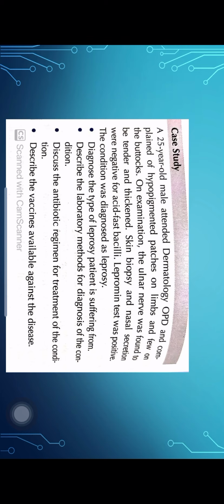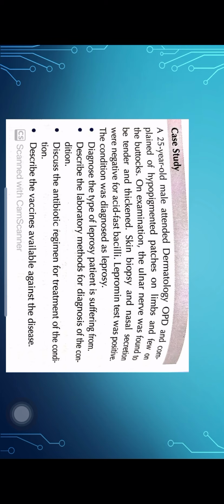For multibacillary leprosy, dapsone 100 mg daily and rifampicin 600 mg once a month, like in the paucibacillary one, plus clofazimine 300 mg once a month and 50 mg daily. These three are given for 1 year. So single skin lesion, paucibacillary lesion and multibacillary lesion, all the three have separate antibiotic regimes.